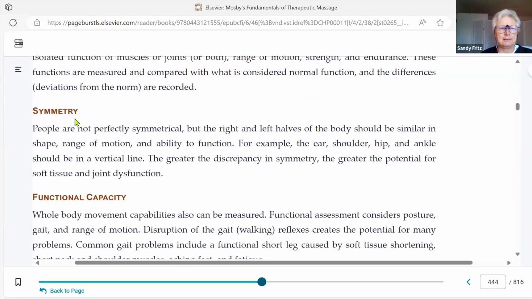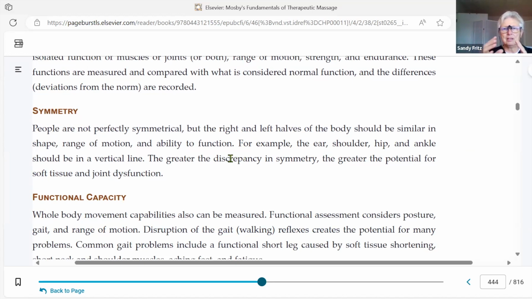And there's questioning now of, is symmetry, especially when we do a postural assessment or we're assessing strength on both sides, how important is symmetry?